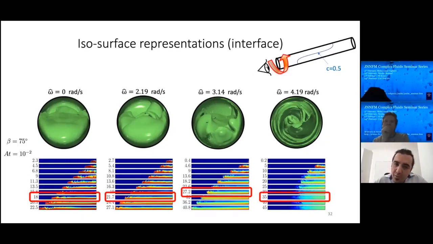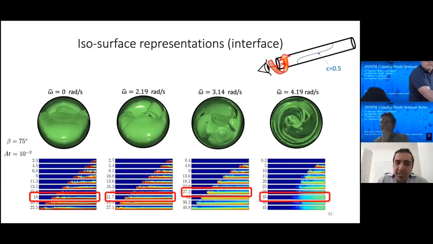We are looking through the pipe from this point of view. What we can observe from this point of view is the position and shape of the front, the interface between the two fluids, and the flow is coming towards us. So you can imagine it that way.